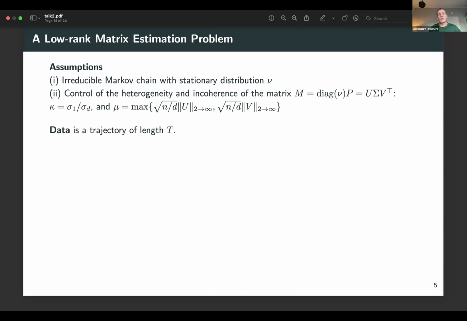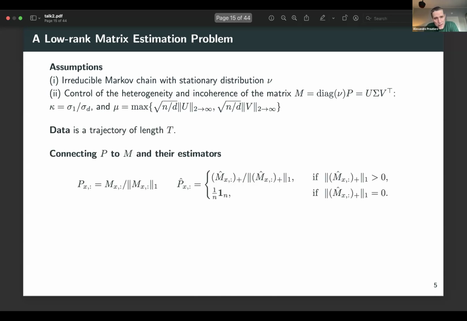So the data that we want to start with is a trajectory of length T of the Markov chain. First of all, of course, we can connect the transition probability matrix P and the matrix M, because M is just obtained by multiplying each line of P by the stationary distribution of the corresponding state.